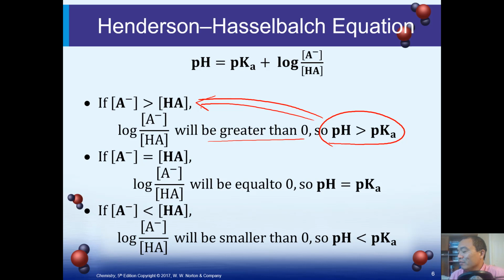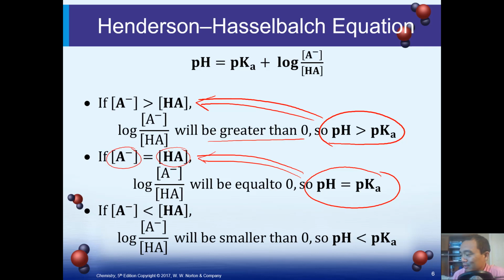Similarly, if you have a solution that has a pH equal to pKa, then you would expect they have equal amounts of conjugate base and acid.